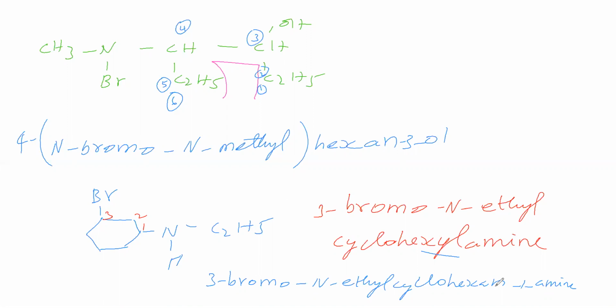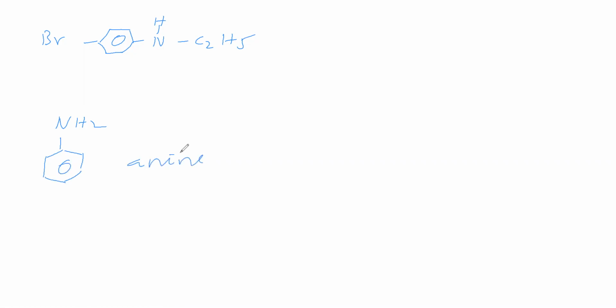Okay, so next compound we will take. Here bromine, here a phenyl ring, then here NH, C2H5. How to say the name of this compound, that we will see. This compound is called aniline.